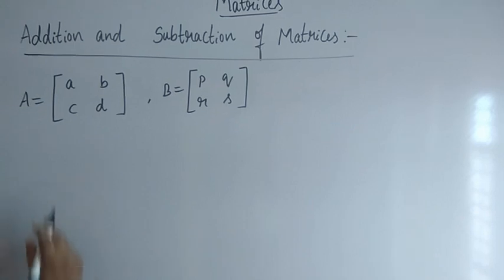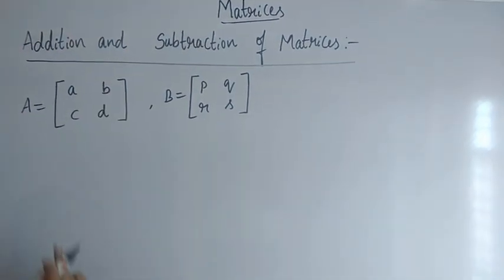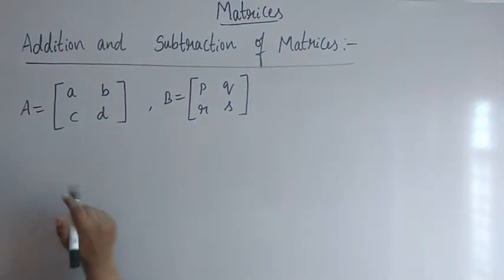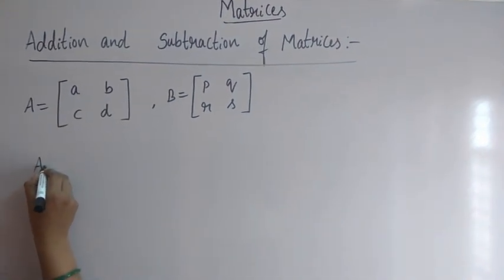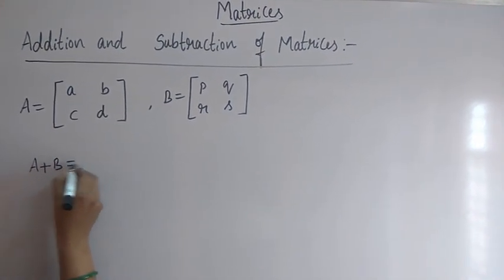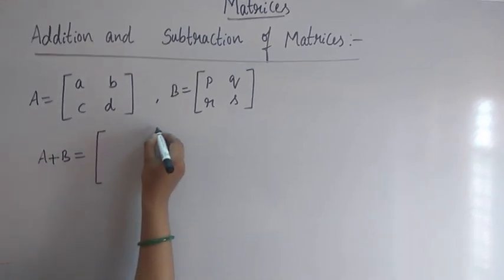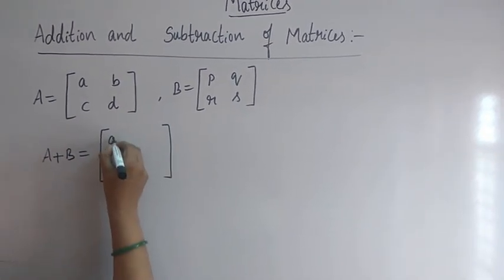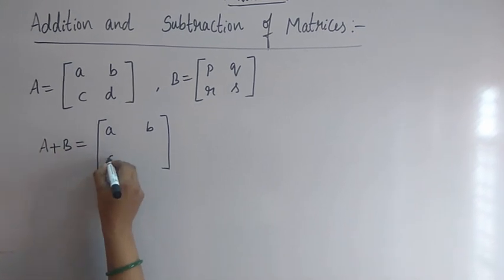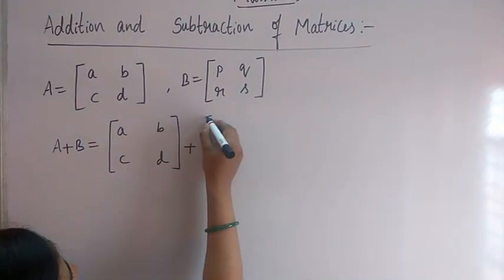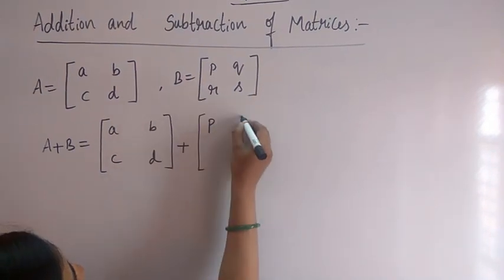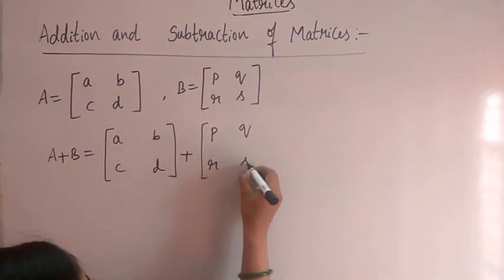If we want to add these two matrices, the addition is represented by matrix A plus matrix B. Matrix A plus matrix B is equal to, matrix A, which is a, b, c, d, plus matrix B, p, q, r, s.